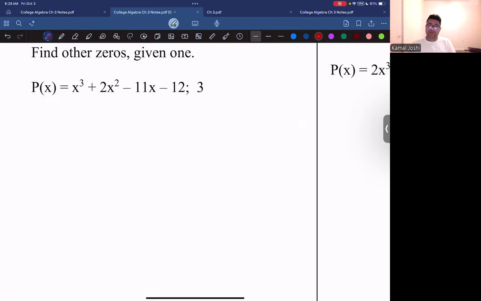Now that means you are already given that 3 is a 0. Now we know what that means, right? If 3 is a 0, based on the factor theorem that we did just now, when you do the synthetic division, at the end the result should be 0, and we can factor it.